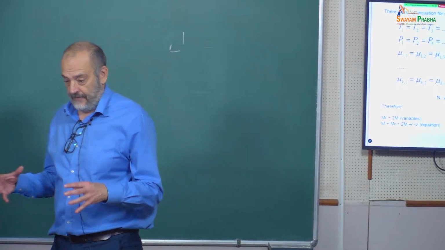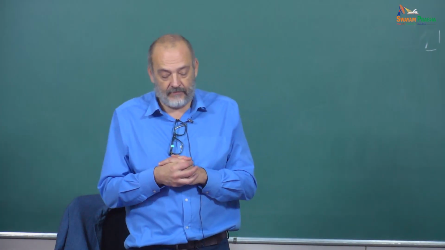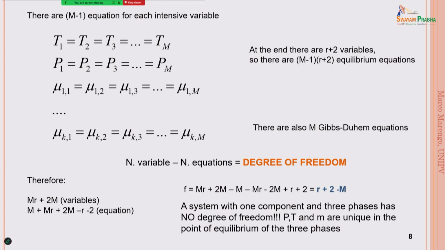So for each intensive variable, the temperature in one phase is equal to the second one, and so on until the m phases. The same for the chemical potential, only that we have k chemical potentials, because we have k chemical species.